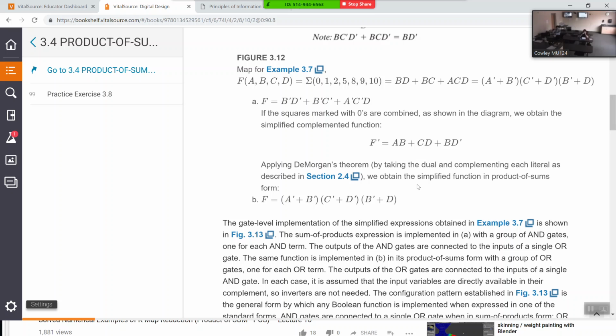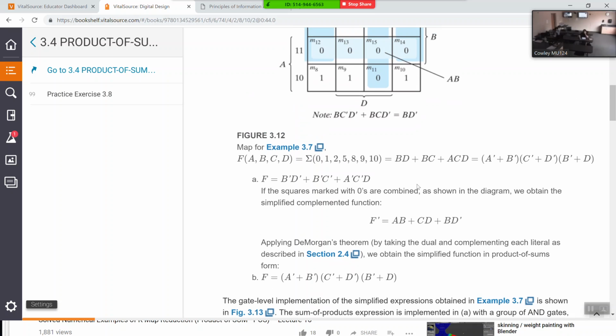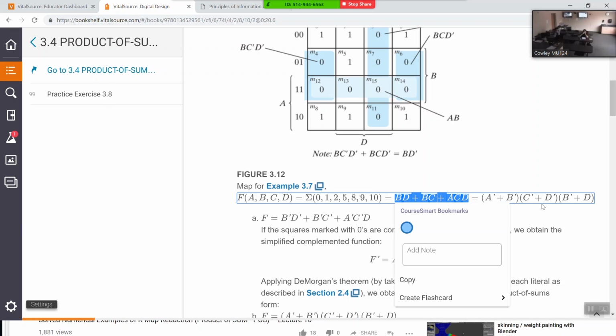Now, what I find interesting, though, is up here, see how we get BD plus BC plus ACD? And if you look at the product of sums over here, does that look like it follows the same pattern?